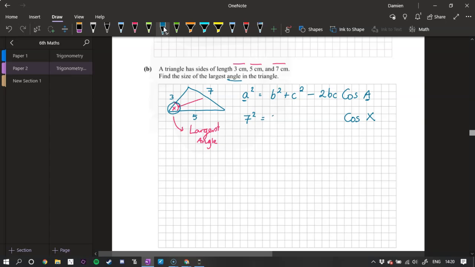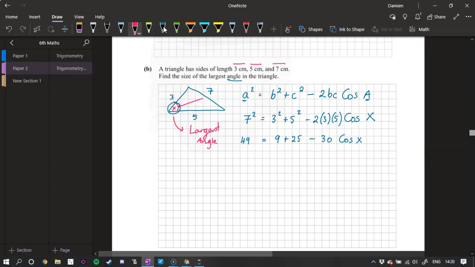So 7 squared is equal to 3 squared plus 5 squared minus 2 times 3 times 5 times the cos of x. So now we've got to tidy this up. So 7 squared is 49, equal to 9 plus 25, and then we've got minus 2 times 3 times 5, which is minus 30 cos x.